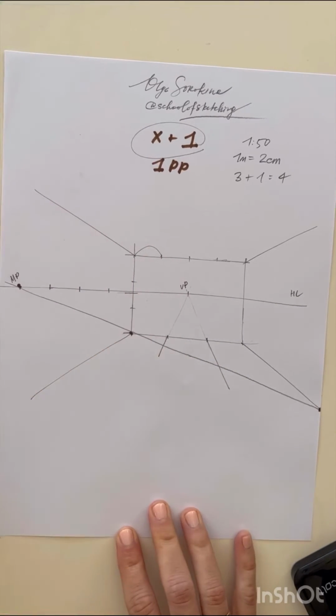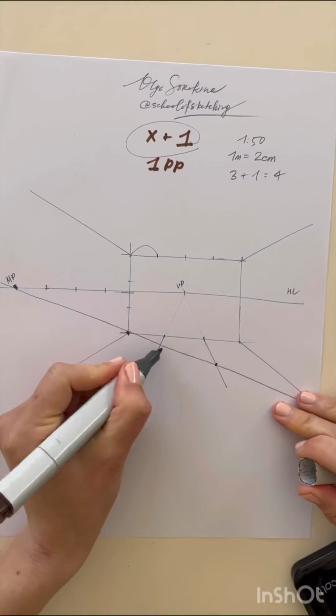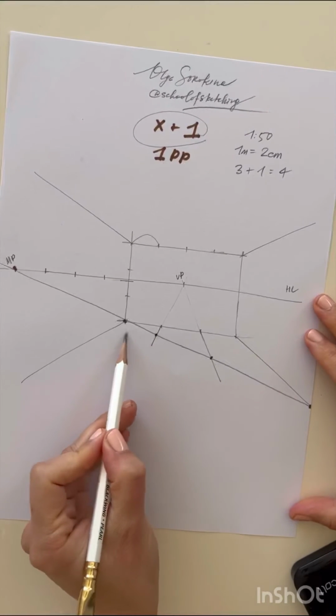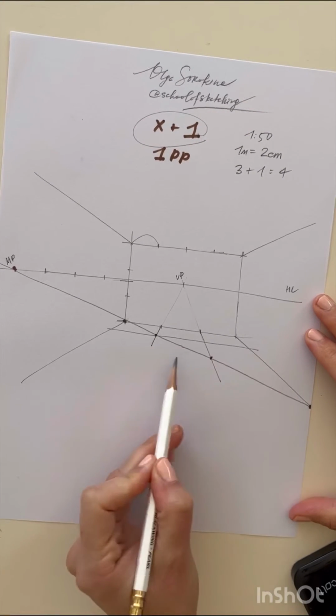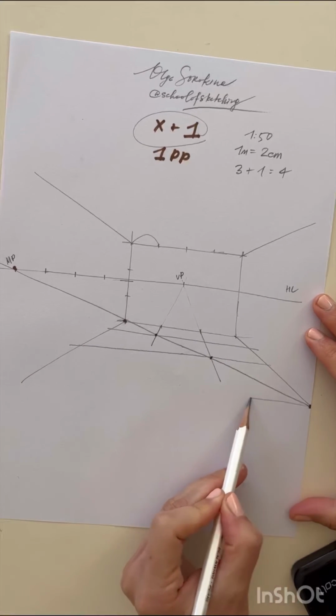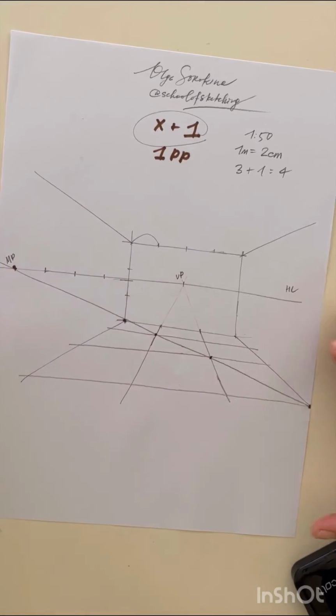And then we simply draw lines up to the vanishing point, and this gives us these 2 extra points, through which we simply draw horizontal lines which are parallel to each other, parallel to the horizon line, and voila, we have the depth of the room, which is 3 meters deep.